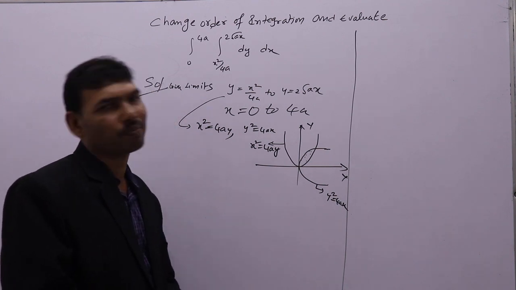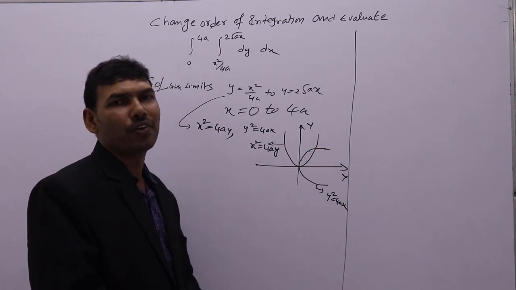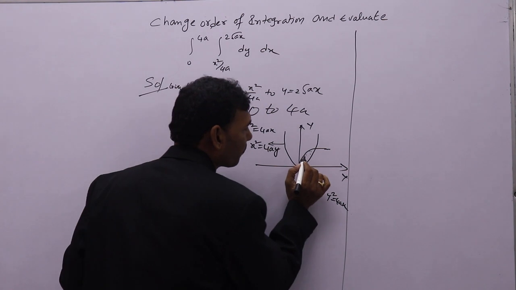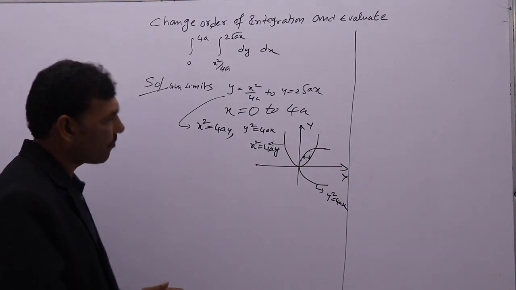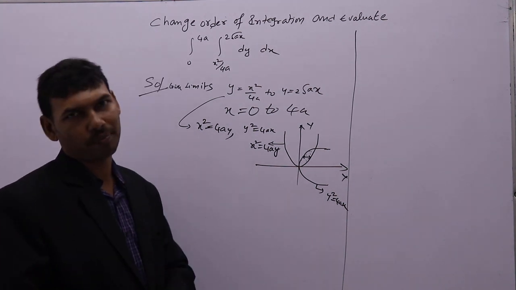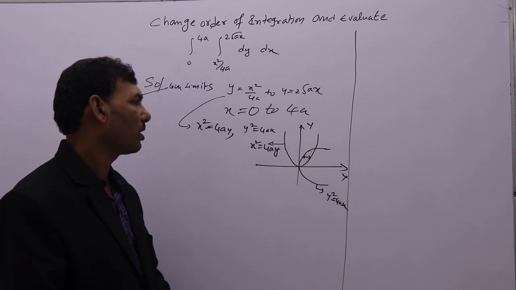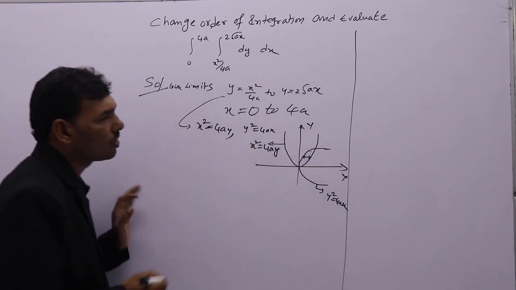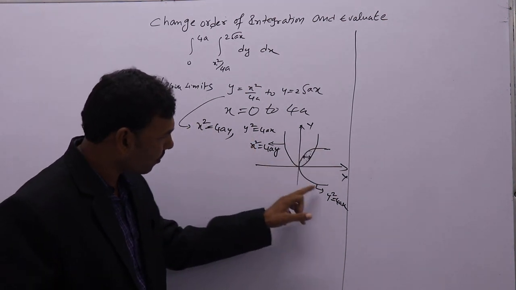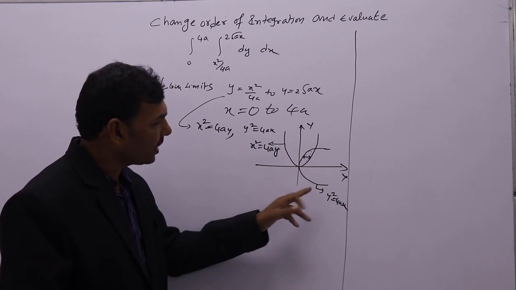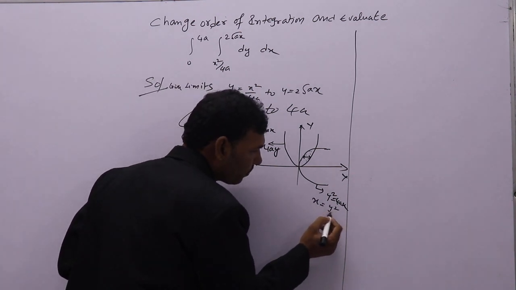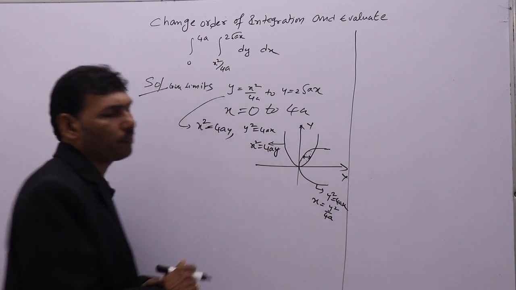In that region, to change the order of integration, you need to take a strip parallel to the x-axis. So like this. This strip gives you the limits of x in terms of y. How does it give them? This strip goes from this curve to this curve. So you need to identify the equation of each curve in terms of y. This is y square equal to 4ax, so x equal to y square by 4a.